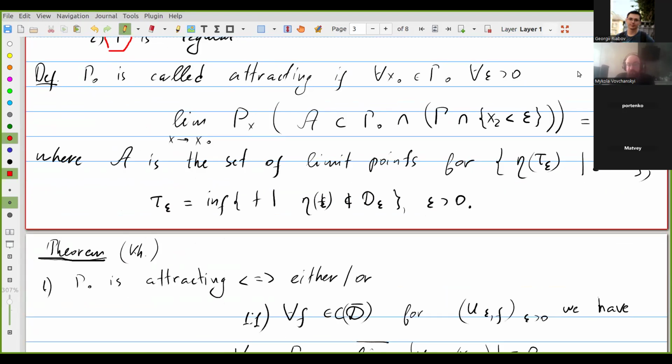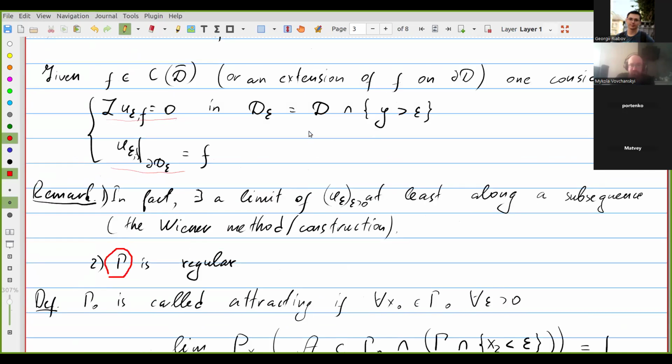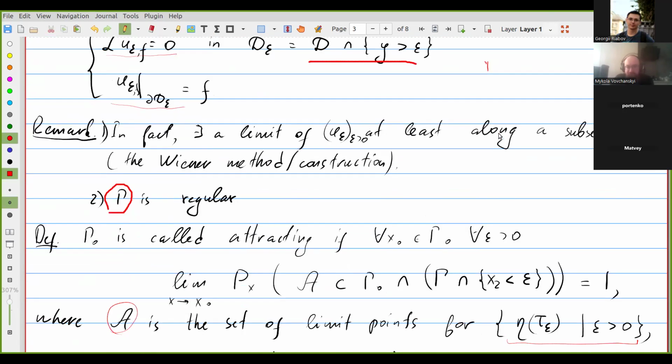Now, the point is called attracting if the set of limit points of this set, where tau epsilon is the moment our diffusion leaves this D epsilon, is concentrated on gamma 0. D epsilon is this: we step slightly above gamma 0 where degeneracy happens.